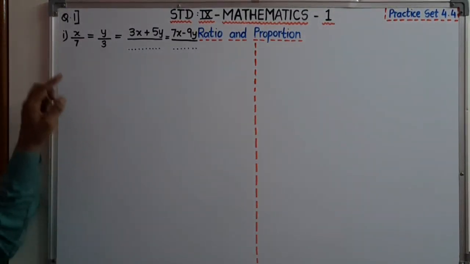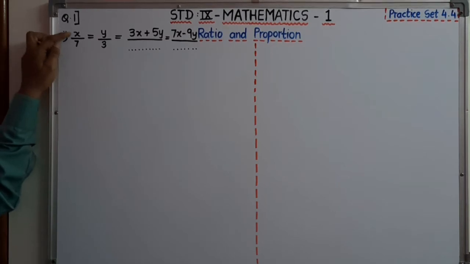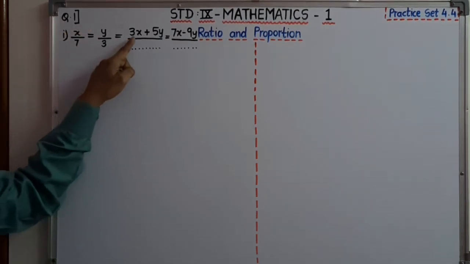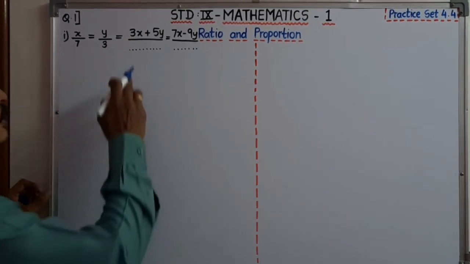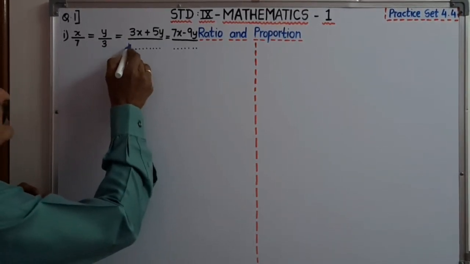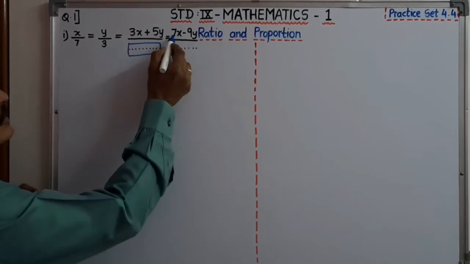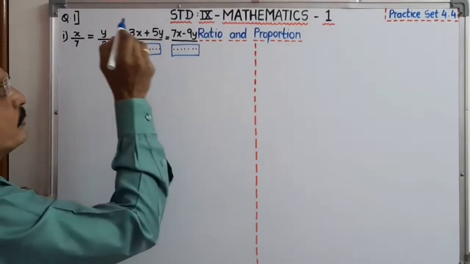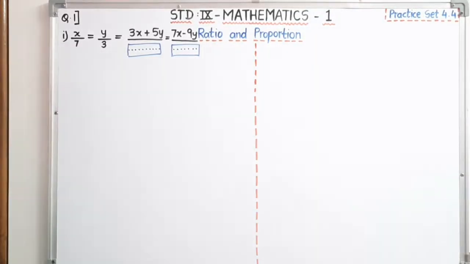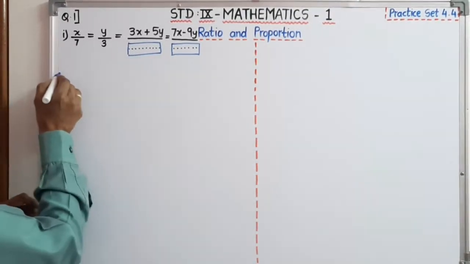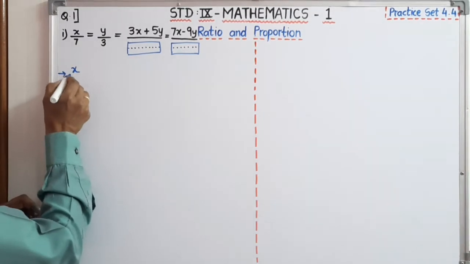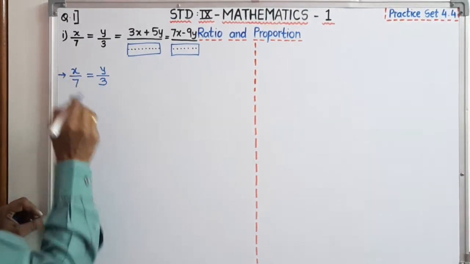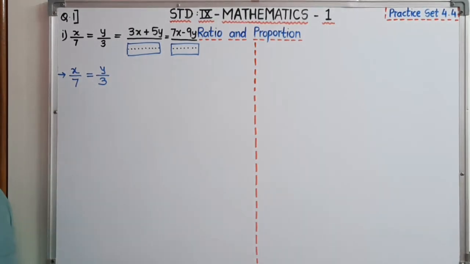See here, the first question is given: x upon 7 is equal to y upon 3 is equal to (3x plus 5y) upon blank, and then (7x minus 9y) upon blank, where we have to fill in the blanks. See, dear student, first of all we have to observe x upon 7 is equal to y upon 3. These two ratios are given.